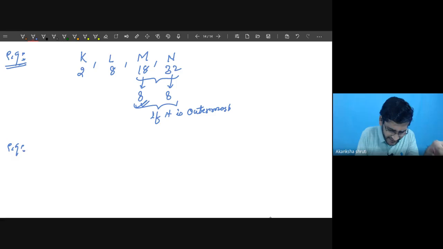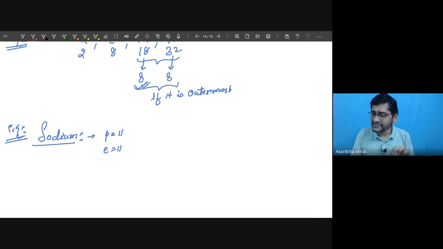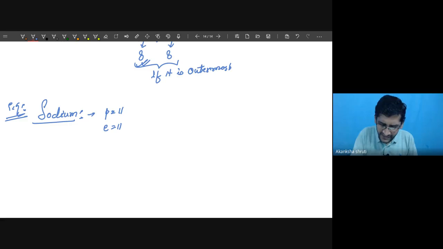Example, student, let me consider sodium. For sodium, the number of protons is 11 and the number of electrons is also 11. We have to distribute these electrons, starting by reducing this 11 first by 2, then by 8, then by whatever is left. First I give 2 to the K cell.